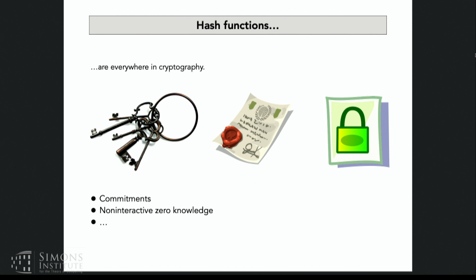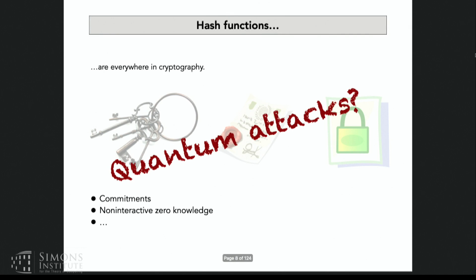And there are a number of others that are not as widely used, or that are more like sub-primitives used to construct the other ones. One important question is, of course, whether we can use quantum algorithms to attack the use of hash functions in these cryptographic schemes. And this is what the talk will be about.